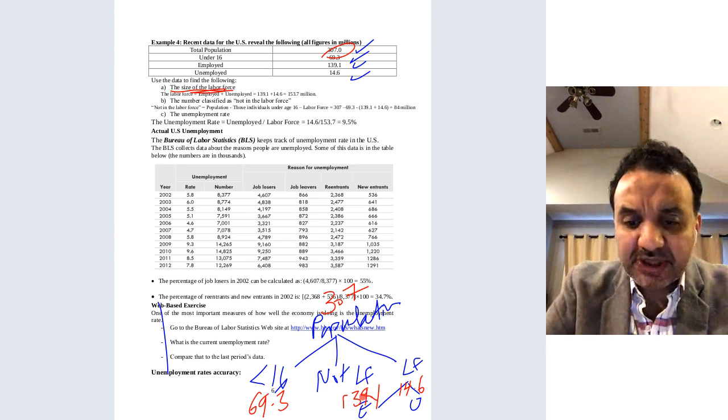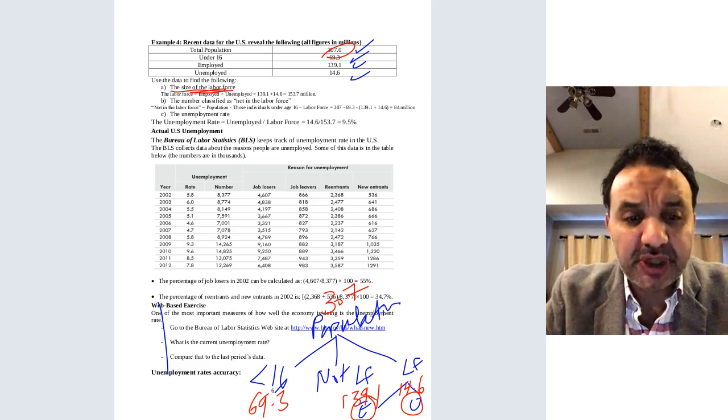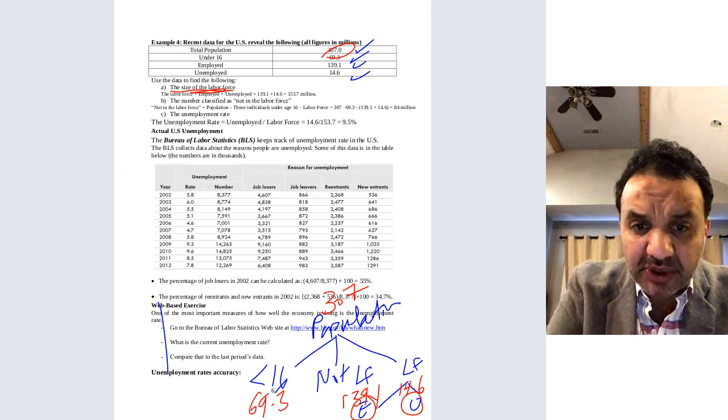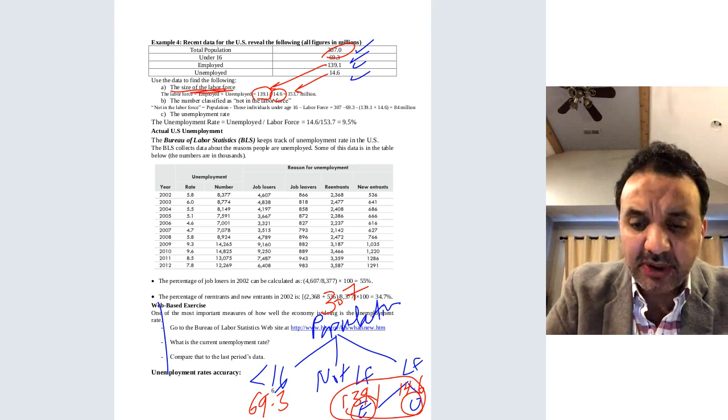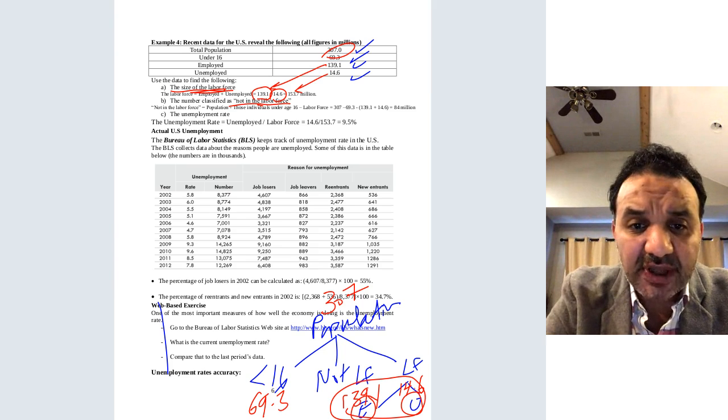The labor force is simply the addition of those who are employed and unemployed. So that's why you see the answer here. 139.1 is those who are employed, and 14.6 is unemployed. If you add these two categories, you will find the labor force. The next question is, find the number of those who are classified as not in the labor force.